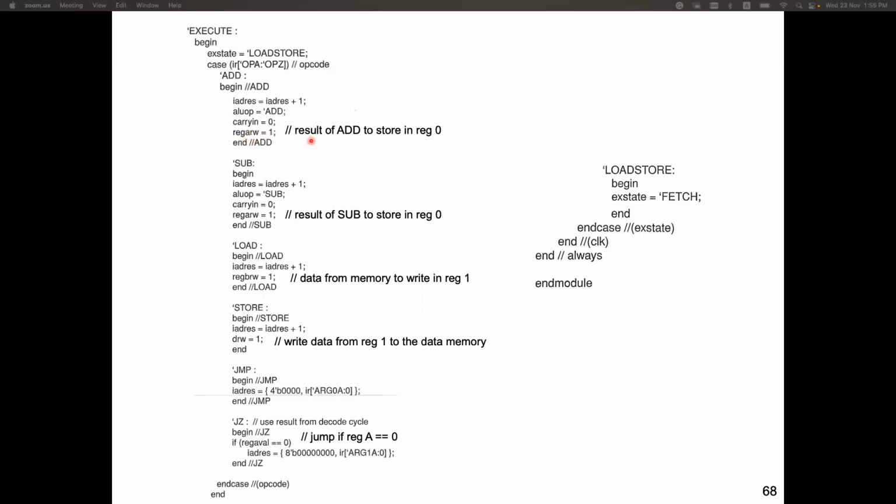So we set the register 0 read-write control to 1. We are going to write the result back to register 0. Register A is register 0.